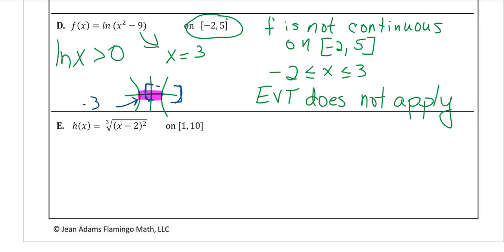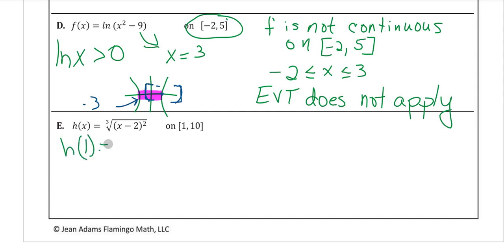All right, letter E. Now we have a cube root function. We have a radical. So how does that work? Well, the nice thing is that it's a cube root, so it's defined everywhere. So we definitely can apply the EVT. So we can start by finding the endpoints.